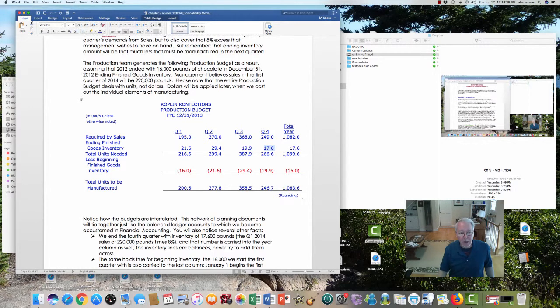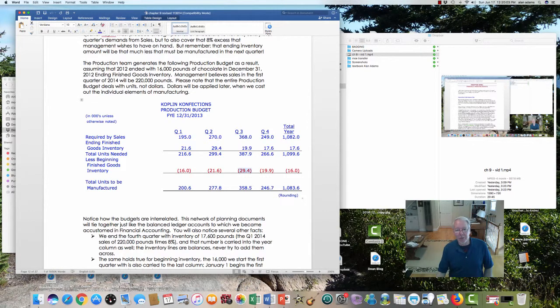So you'll notice that every single quarter, that quarter's ending inventory, last day of quarter one, is obviously going to become the beginning inventory of the succeeding quarter, quarter two, except this time I want to deduct it. So you'll notice how the 29.4 at the end of quarter two is deducted in quarter three because we already have it at the start, okay?